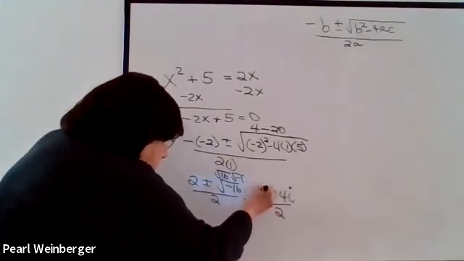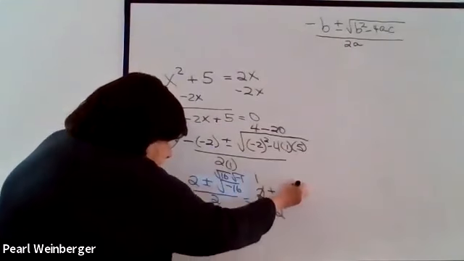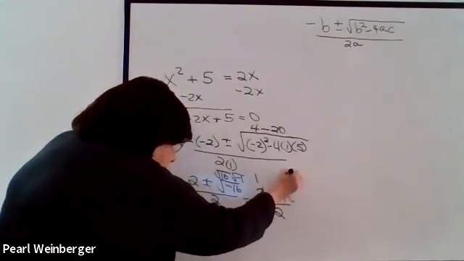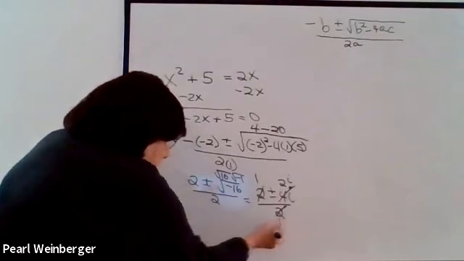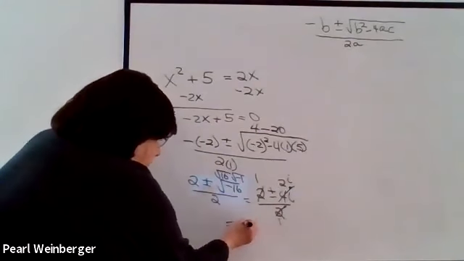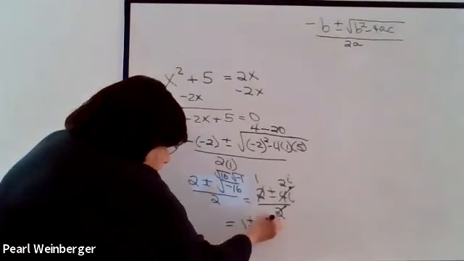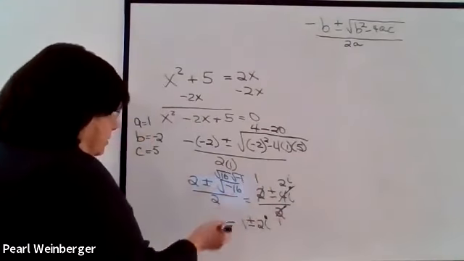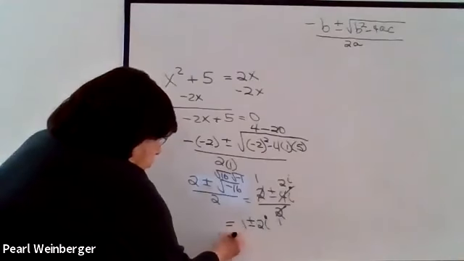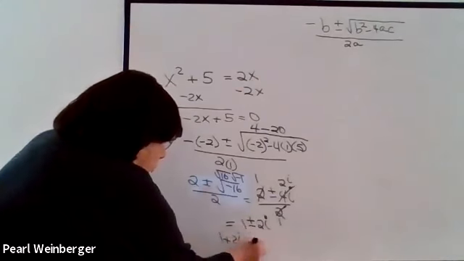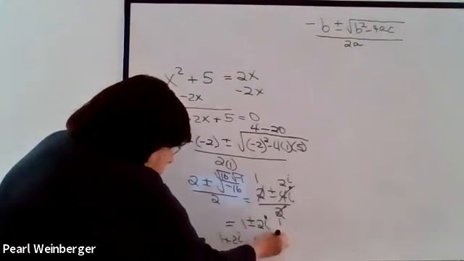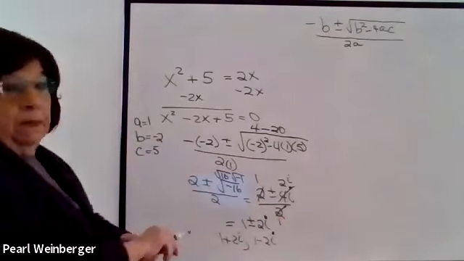So I can divide this by 2 and get 1, this by 2 and get 2i, and this by 2 and get 1, so that my final answer becomes 1 plus or minus 2i. Or if you wanted to write it separately, 1 plus 2i as one answer, 1 minus 2i as your other answer.